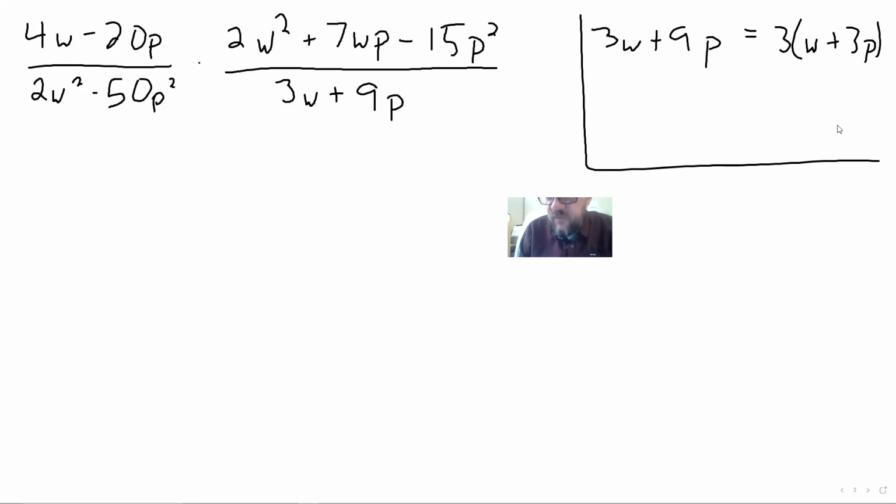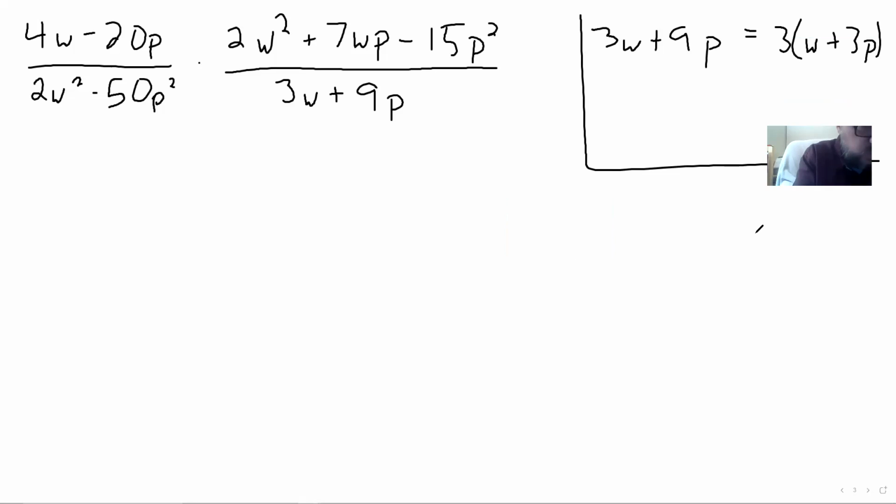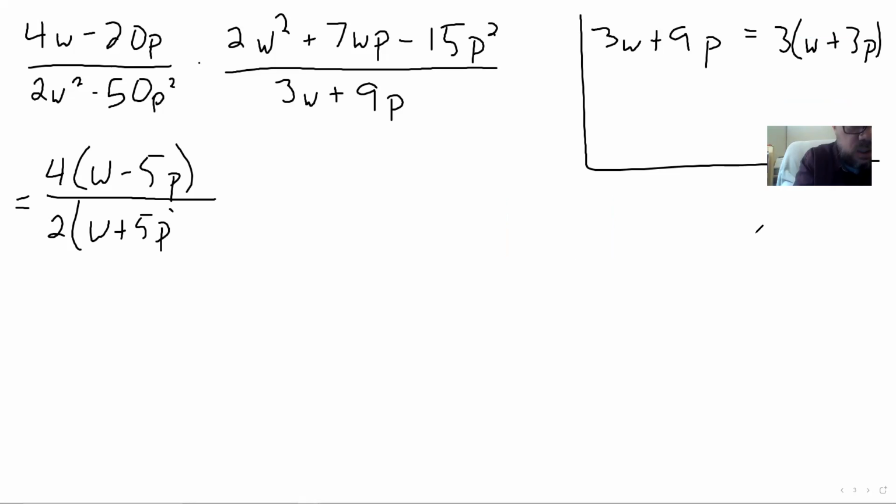All right, so now I've got everything that I'm going to replace it all. So I pulled out a 4 there, so that was 4 times w minus 5p over 2 times w plus 5p times w minus 5p, times something that I've forgotten. What was that one?